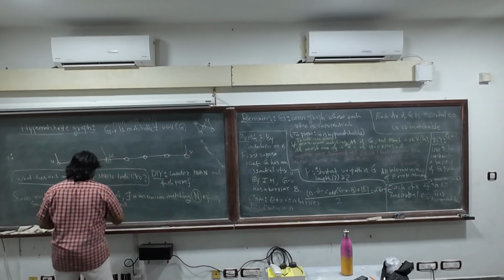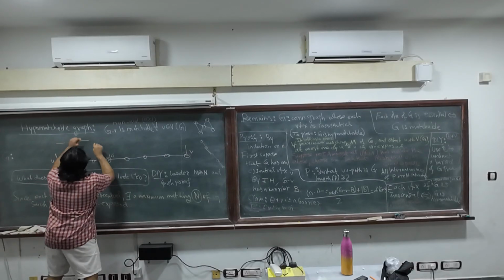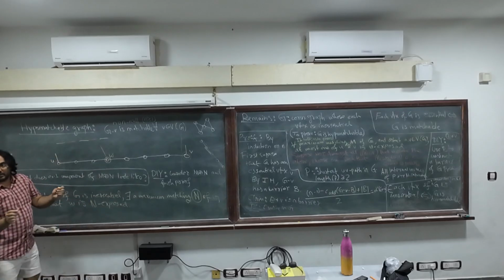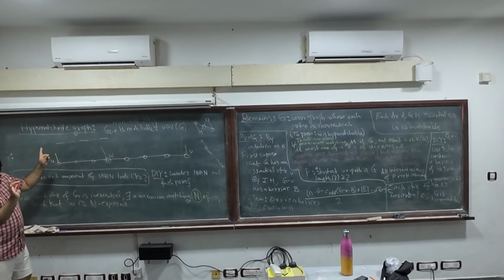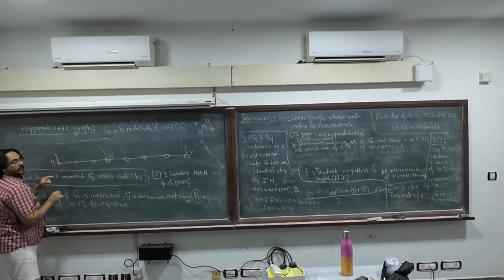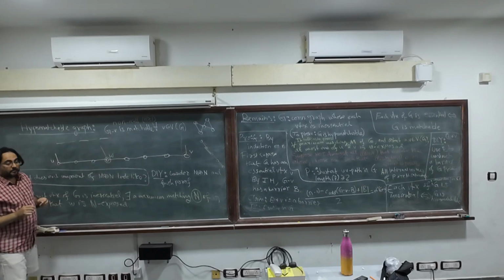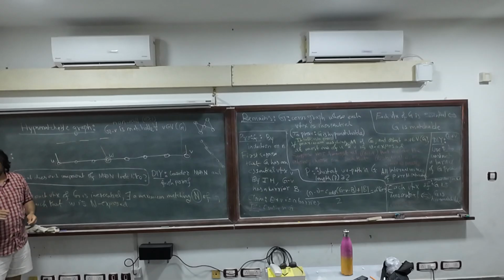The reason for that is supposing you had an odd path. Let's just draw an odd path. This is an odd path. This is a path in the symmetric difference. That means this fellow is exposed with respect to the pink matching. And this fellow is also exposed with respect to the pink matching. And all the other vertices are saturated with respect to both matchings. Now I claim that one of these two matchings is not maximum.